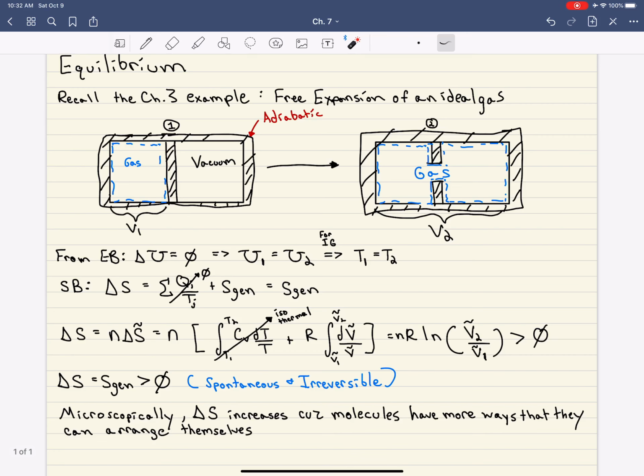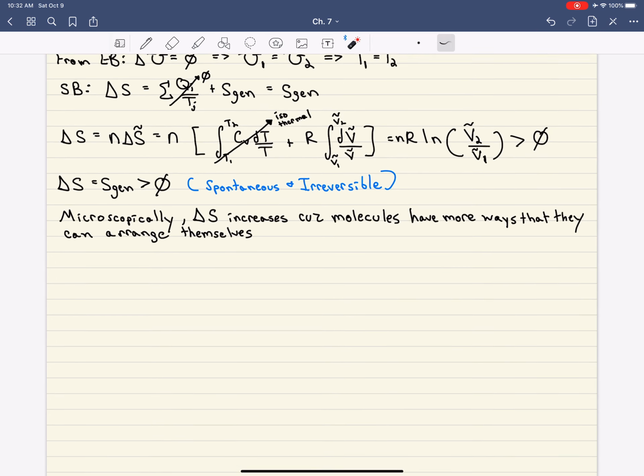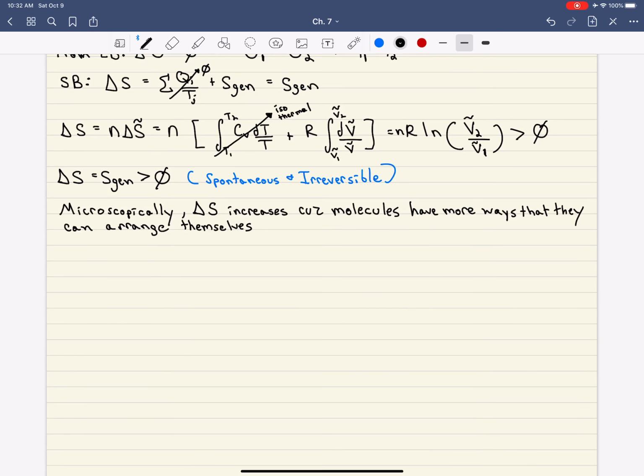So an individual gas molecule, before it expands, could only be here on the left-hand side. But after the wall is removed, a gas molecule could be here, or here, or here, here, here, here, here. Right? It has more places that it could possibly be. And so that's why the delta S increases.